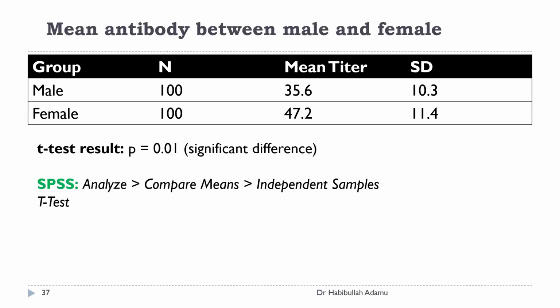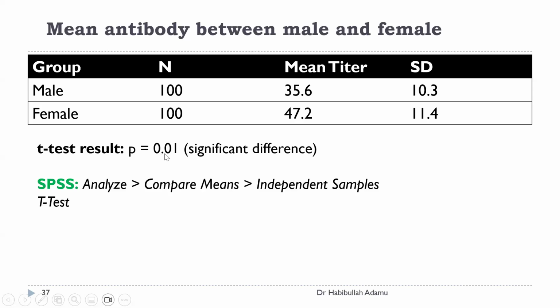So this table is just an example. Let's say we want to compare mean antibody titer between males and females. Look at the mean for male, 35.6, and for female, 47.2, with these standard deviations. Look at the result. The t-test value is not even given, but at least the p-value is given.